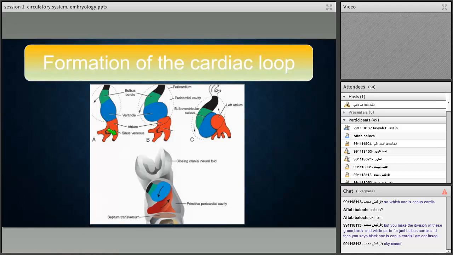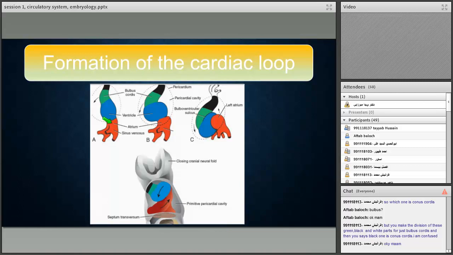It is placed on the caudal side of the heart tube, and this is the inflow portion. After it is forming the common atrium, just one atrium. At this level, we have just one atrium, and this is the red one.